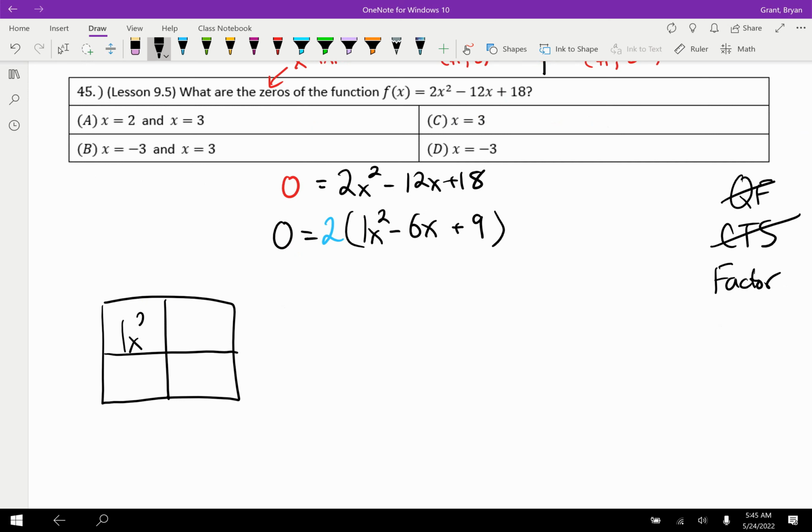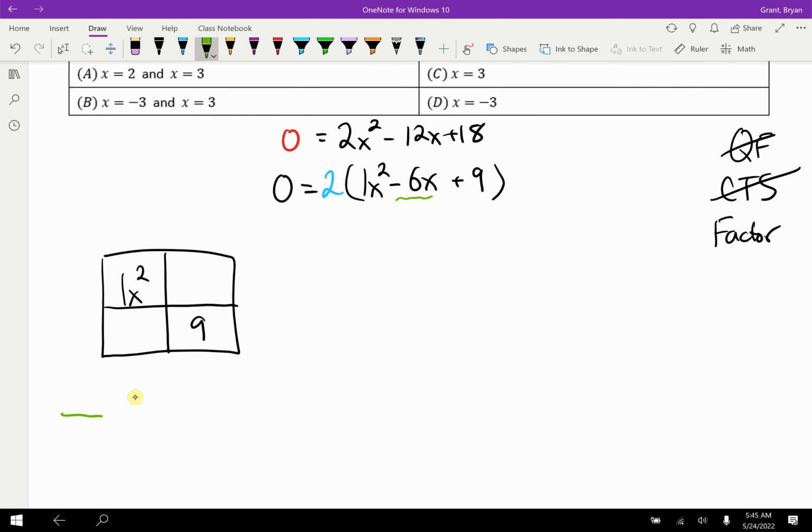We have a 1x squared and a 9. We need to break up that negative 6x, and I'm going to try to do that down below just for later on. We know that they have to multiply to equal this positive 9x squared. This isn't too bad. What multiplies to make 9 and adds to make negative 6?